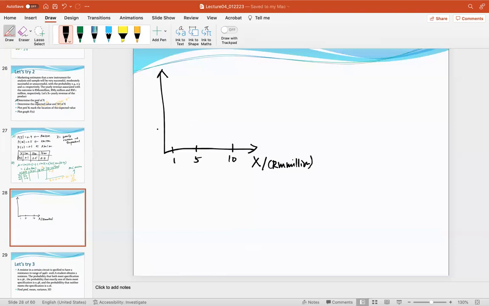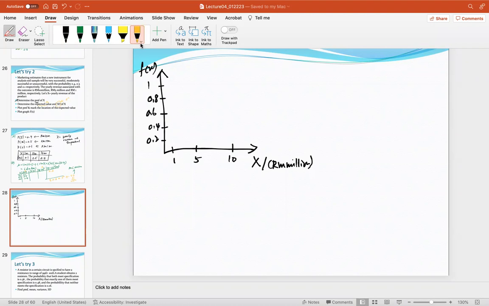All right, and then we have fx, the probability: 0.2, 0.4, 0.6, 0.8, 1. So our probability for 1 is 0.1.